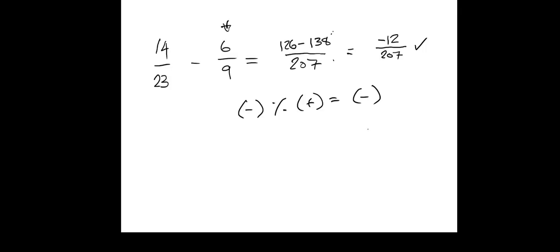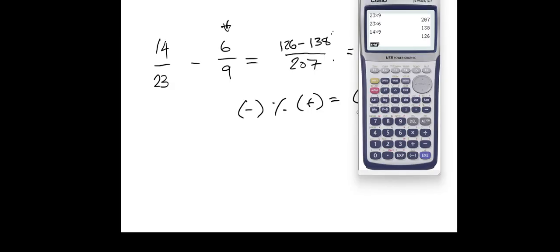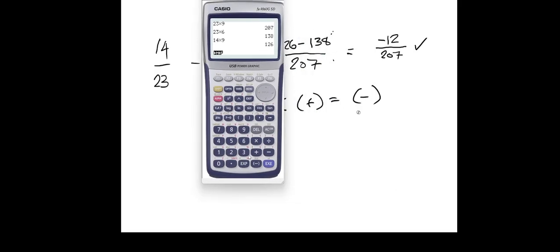Well, let's have a look. 207 looks, it may actually be a prime number. How would we find out? Well, we have negative 12 over 207.